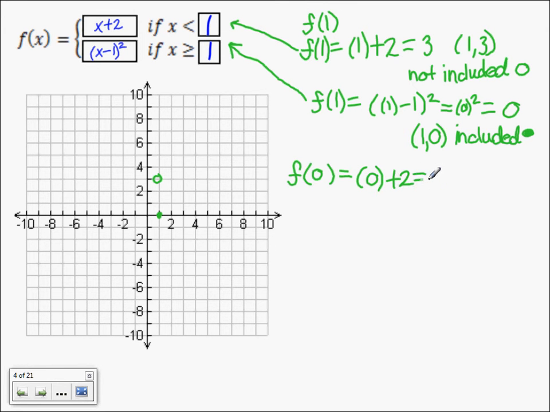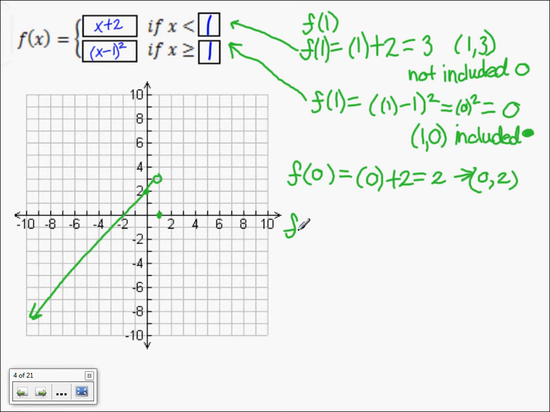So we get just 2. And so that's going to make the point 0 comma 2. And that is right here on the four-quadrant plane. And since we have 2 points, we can connect the 2. And that is what that part of the piecewise function will look like.